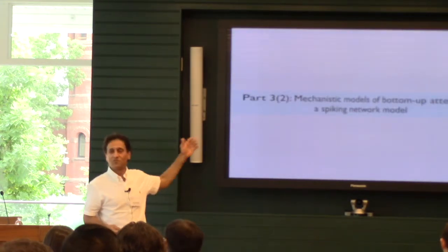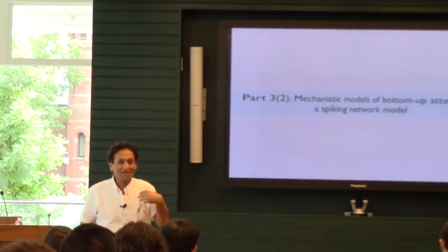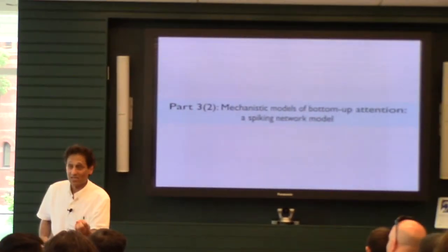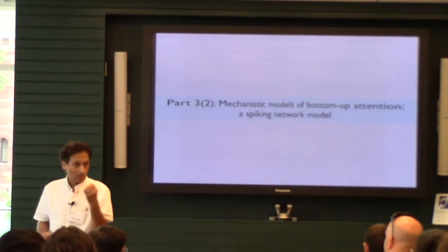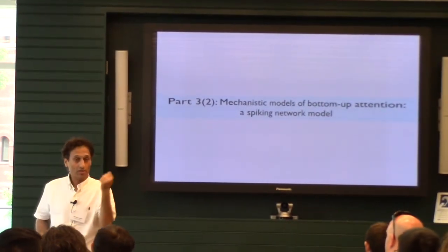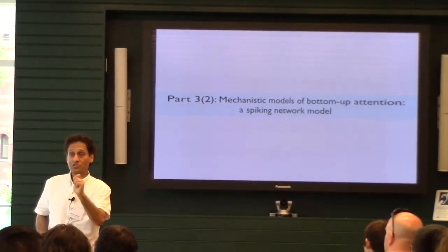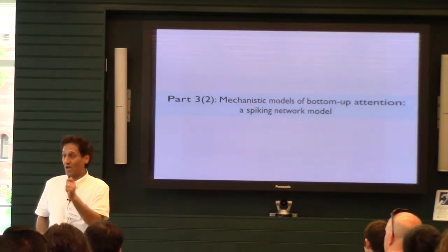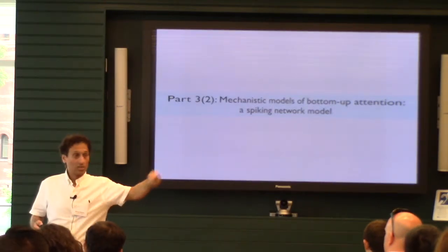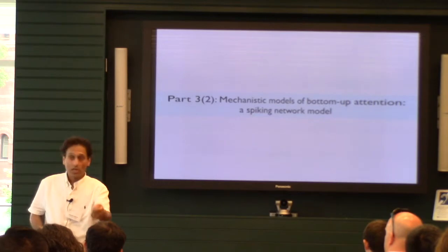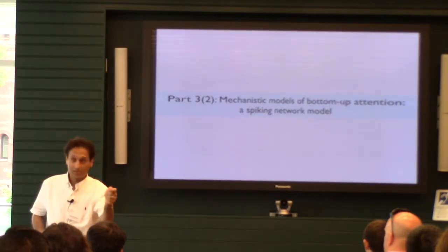Then you spend a few years of your life, like I did, trying to make a spiking network model, because in a spiking network model you cannot adjust the speed of computation as you want. You have to rely on synaptic current, and synaptic currents have certain properties, and you can't just put any number you like there.